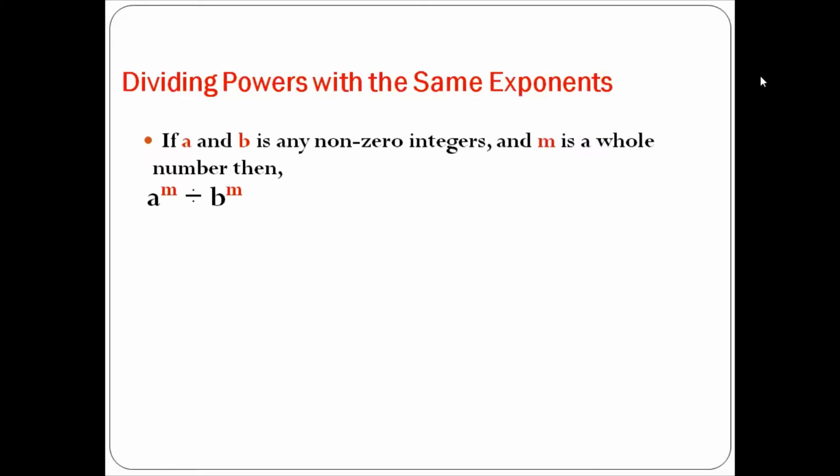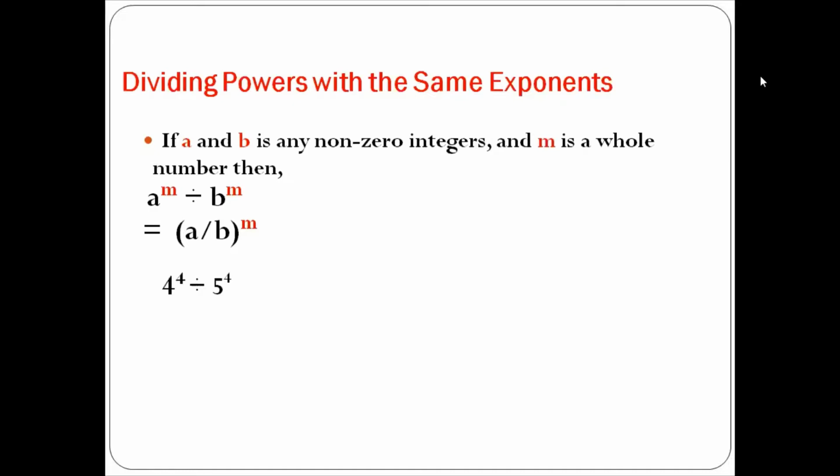So in this situation, a raised to the power of m divided by b raised to the power of m, we will divide both the bases and write the common exponent, which is equal to a divided by b, raised to the power of m. Let's see one example. 4 raised to the power of 4 divided by 5 raised to the power of 4.